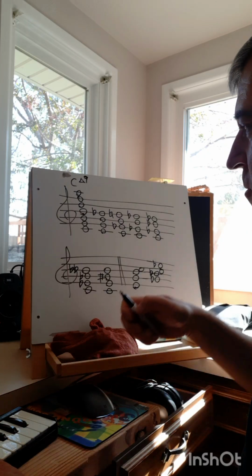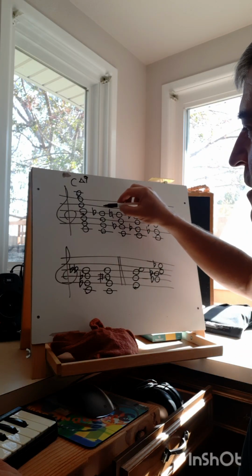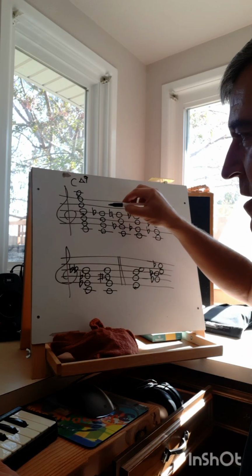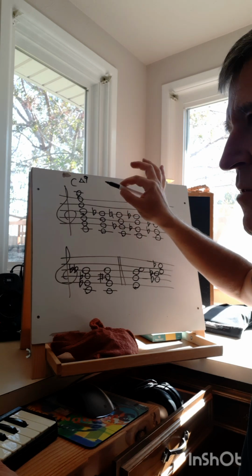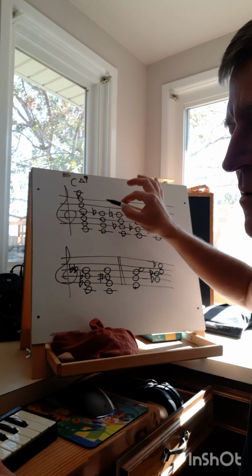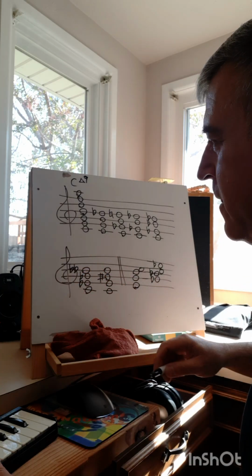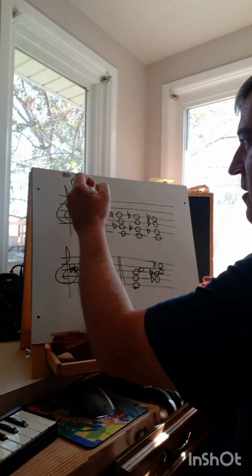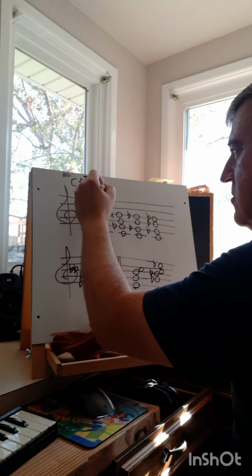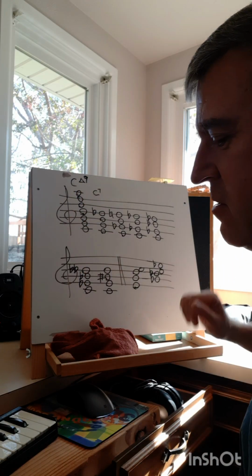And so if I end up adding that next third, then that's a C9. In jazz, you don't have to write dominant. It's just commonly understood that you're going to call this a C7. You don't have to write dominant 7.